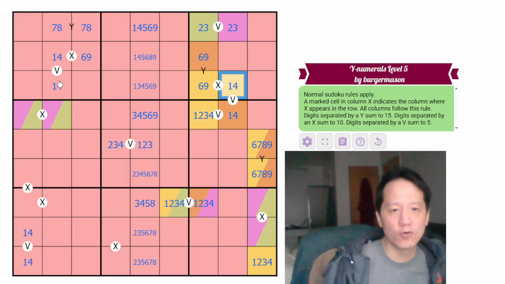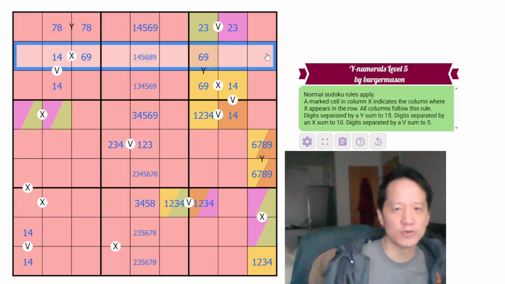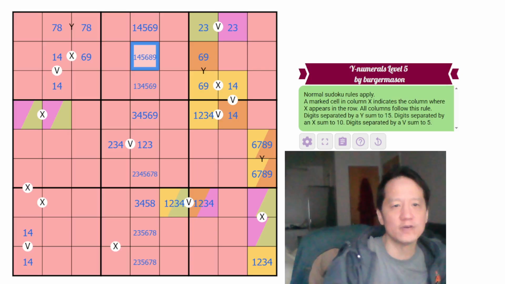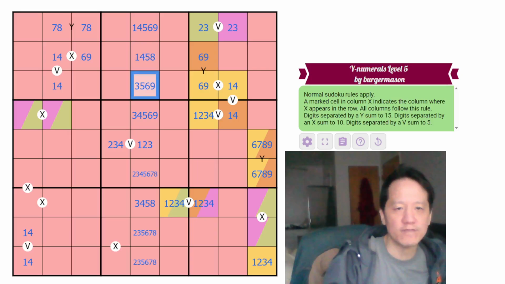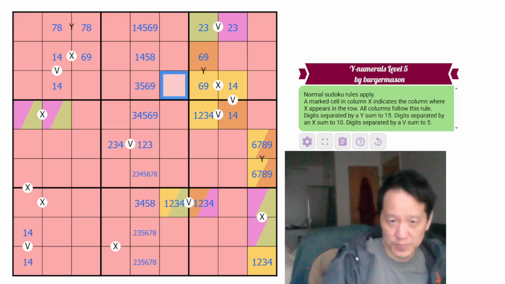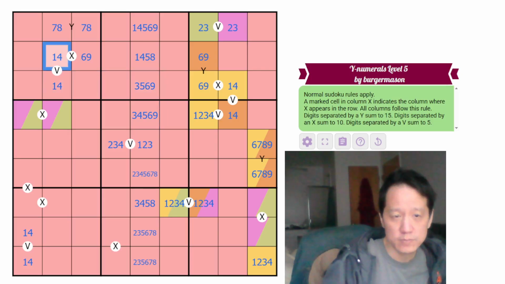We have a 1, 4, 1, 4 pair in row 3. We also have a 6, 9, 6, 9 pair in row 3, which eliminates 6 and 9 from the rest of the column here, and 1 and 4 from the rest of the column here. This can't be 2, 3, 2, 3. One of these is 2, 3 with 7 or 8.